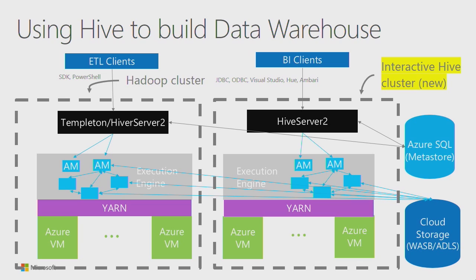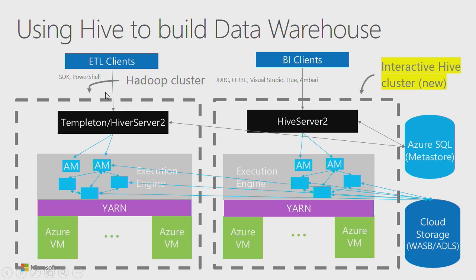I would say typically there are 2 scenarios that customers use Hive for: one is ETL and one is BI. What are these 2 scenarios? In ETL, you typically take raw data and run large complex jobs on it, and cook it to produce much smaller data, which is then consumed by reporting, by BI users, and things like that.